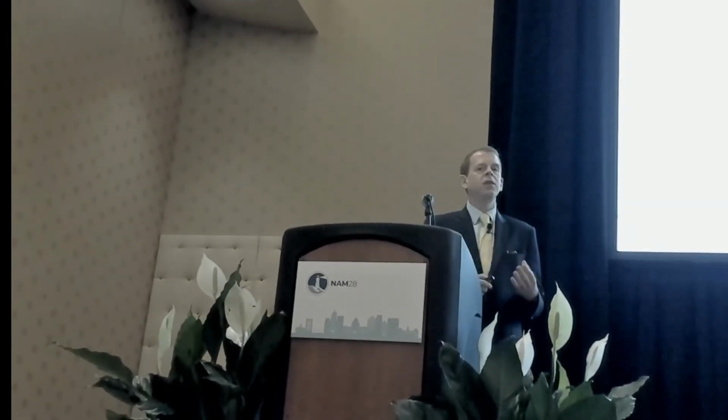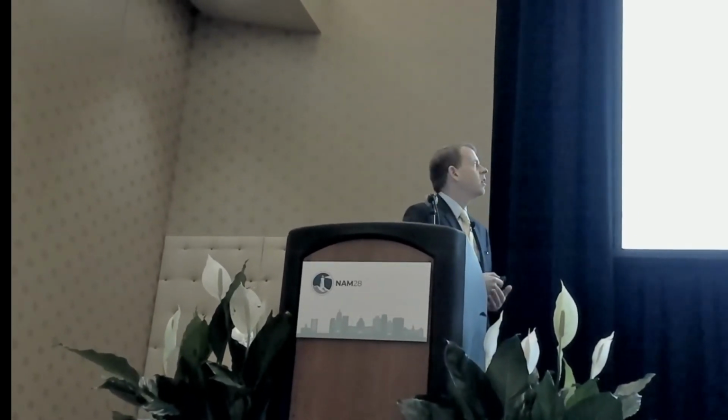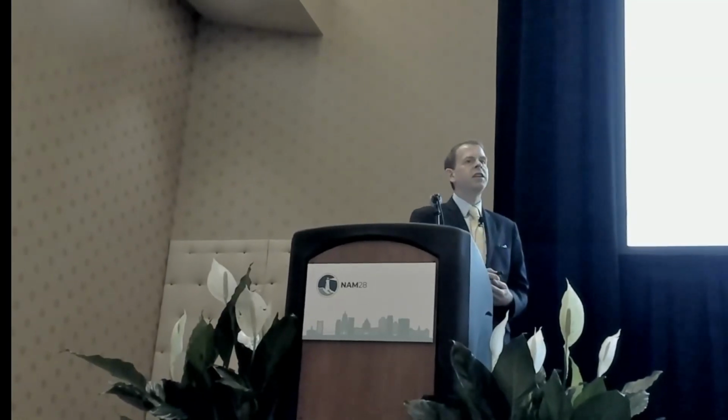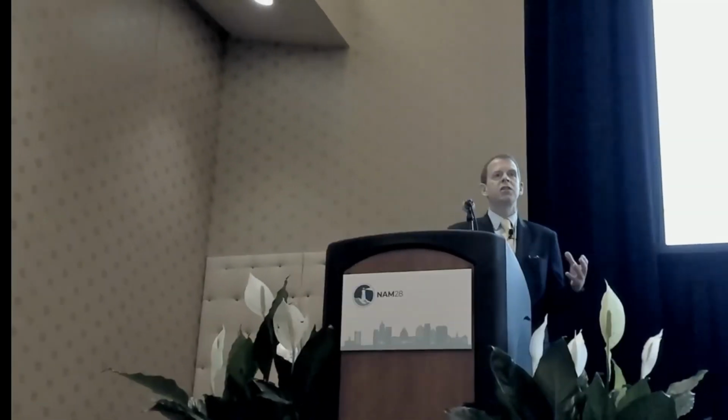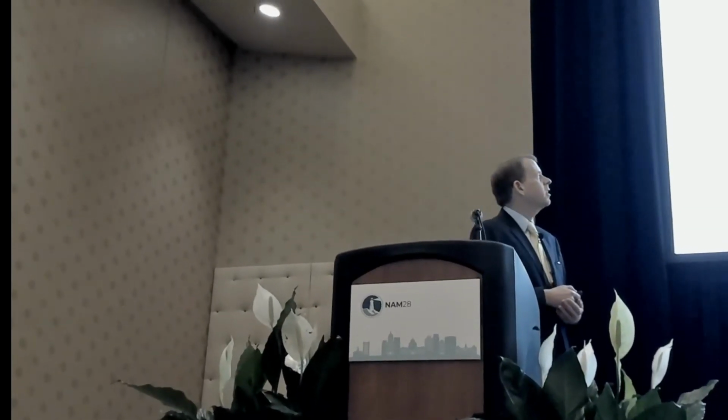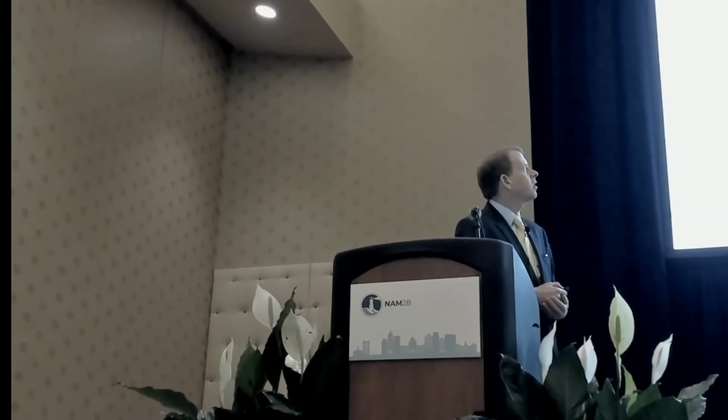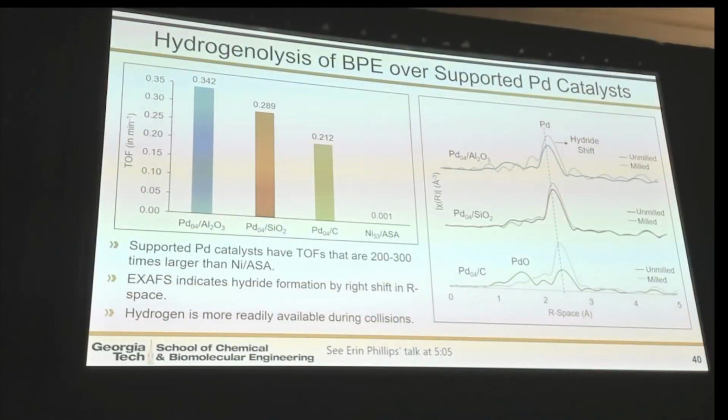Now, the major difference that we propose here is the fact that palladium can very easily bind hydrogen as bulk atoms. So hydrogen can penetrate into palladium metal and thus be stored. We see evidence for that in XRD. The peak of our palladium metal shifts to longer d-spacings, and this is characteristic for the incorporation of hydrogen, forming palladium hydride.